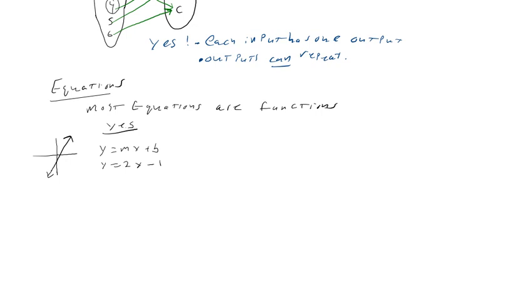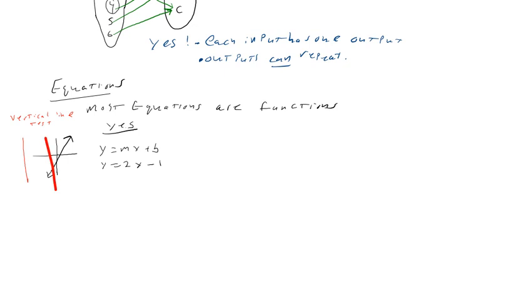It's a function, and we can tell because if we imagine our vertical line test, some of you may have heard about this before. What that test does is imagine a pencil, straight up and down, and you scan across this line.